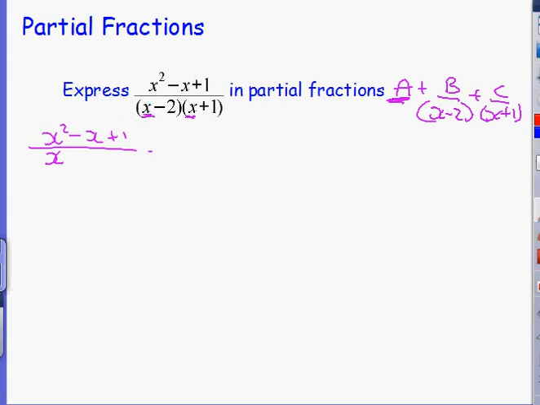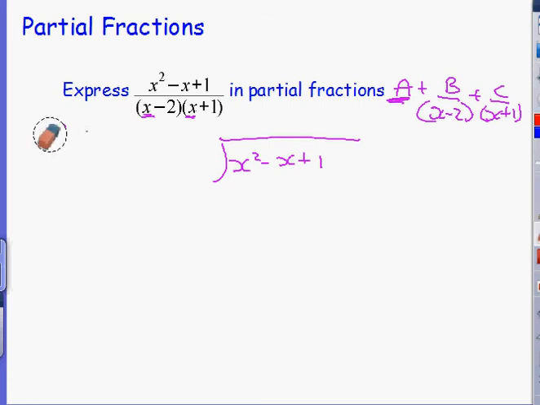Let's see. So on the bottom then we've got x squared minus x minus 2, so very similar top and bottom. If we do this division, remember you could do it any way you like.